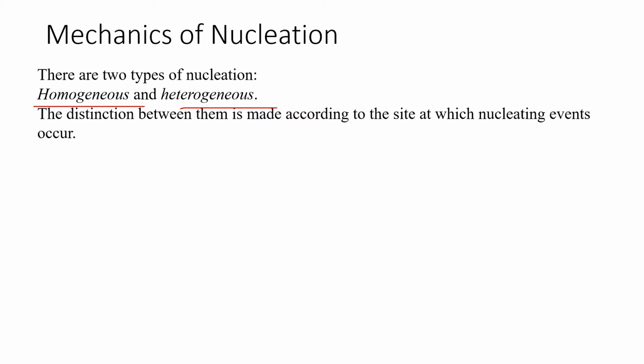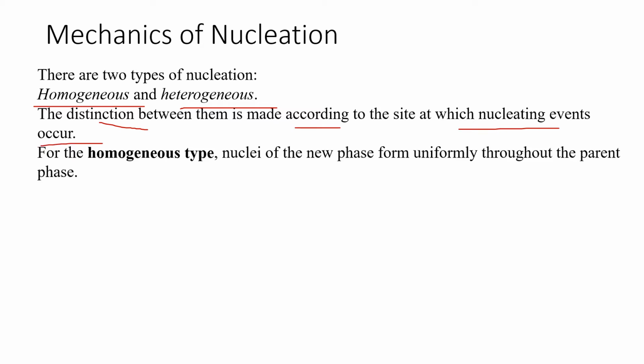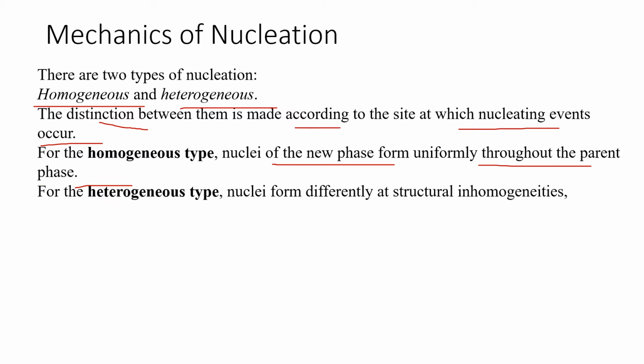The distinction between homogeneous and heterogeneous is made according to the site at which nucleating events occur. For the homogeneous type, nuclei of the new phase form uniformly throughout the parent phase. It also depends upon the type of cooling, like supercooling, and the temperature range as well. For the heterogeneous type, nuclei form differently.